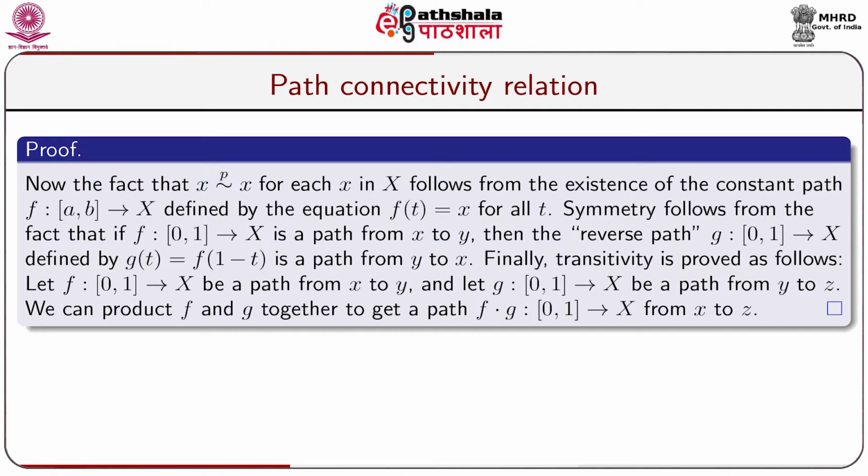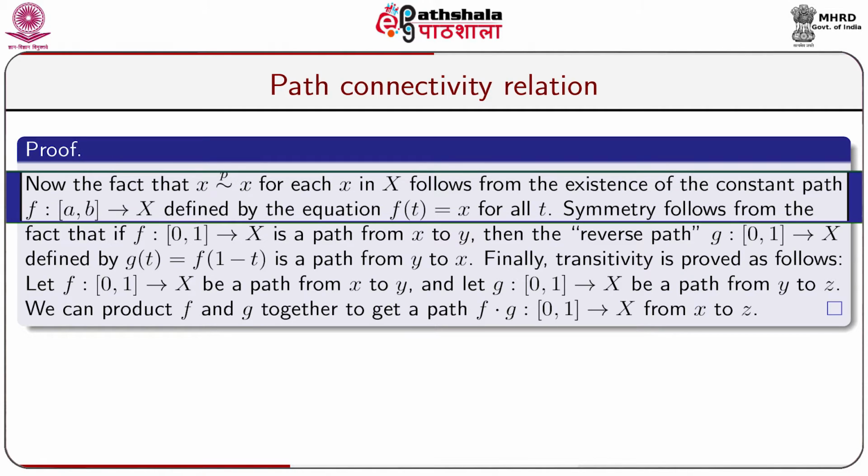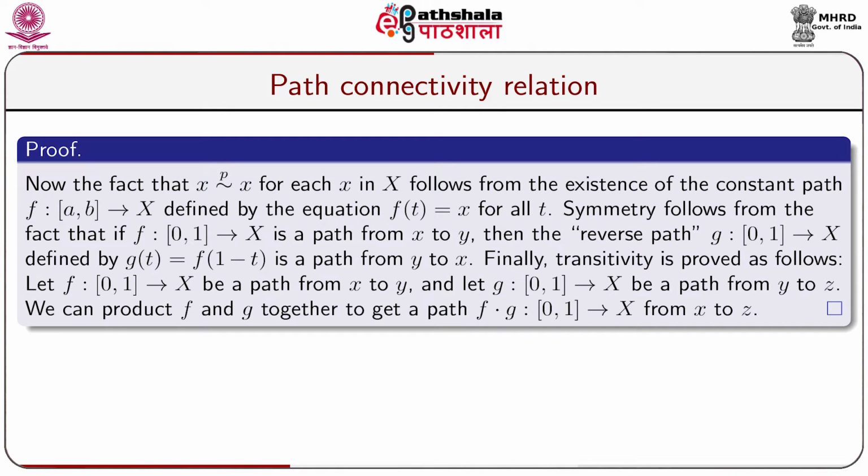This follows from the fact that any two closed intervals in R are homeomorphic. Now, the fact that x is related to x by the path connectivity relation for each x in X follows from the existence of the constant path f from [a,b] to X defined by f(t) = x for all t in [a,b].